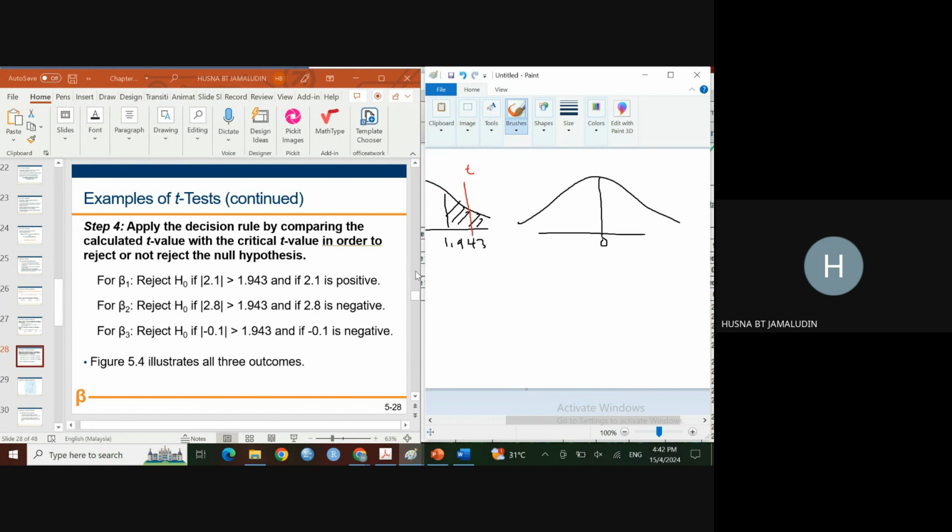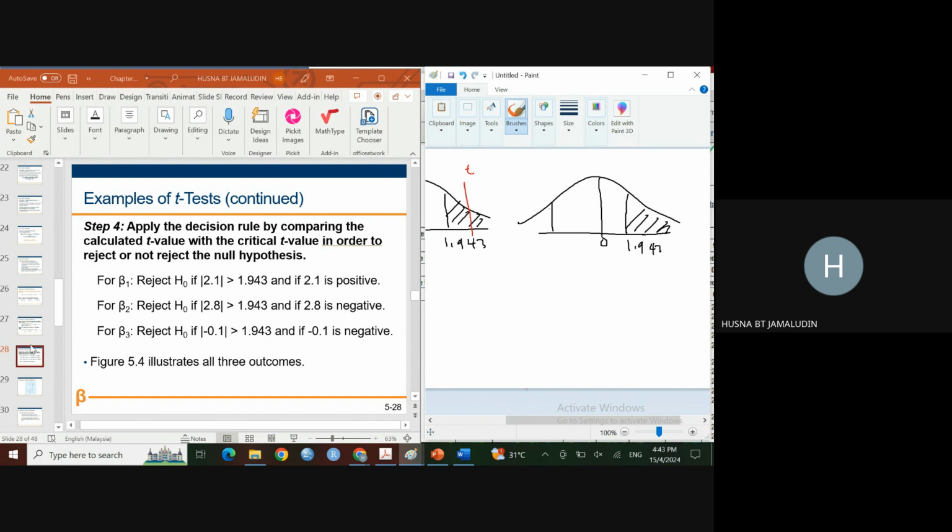Your CV is 1.943, so this is your rejection region. But then your 2.8 is negative? Reject H null if 2.8 is bigger than 1.96 and if 2.8 is negative. Negative is this side, isn't it?